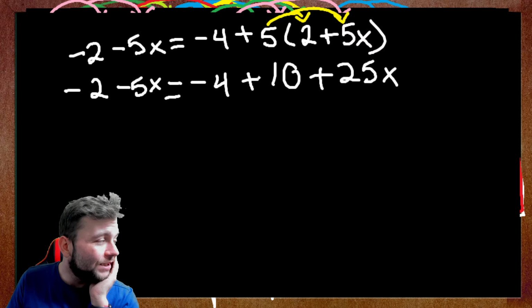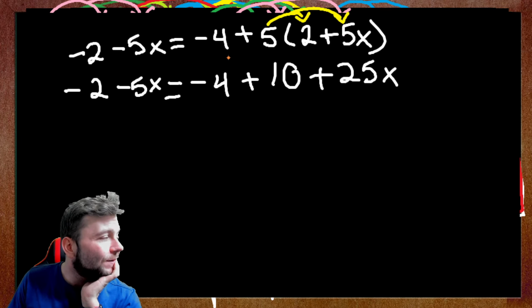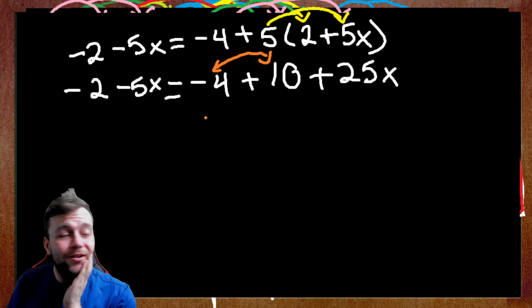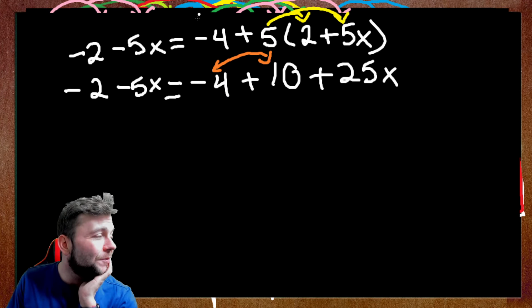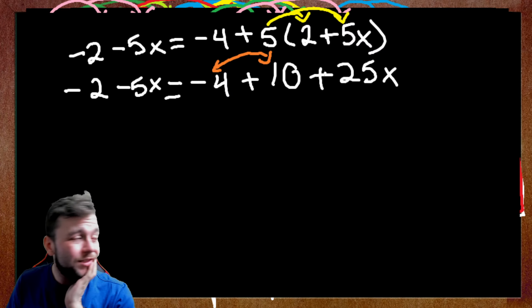Okay, let's get back onto the topic of math. We have like terms. Combine your like terms. So we have a minus 4 and a plus 10. What does that equal? It equals a 6.